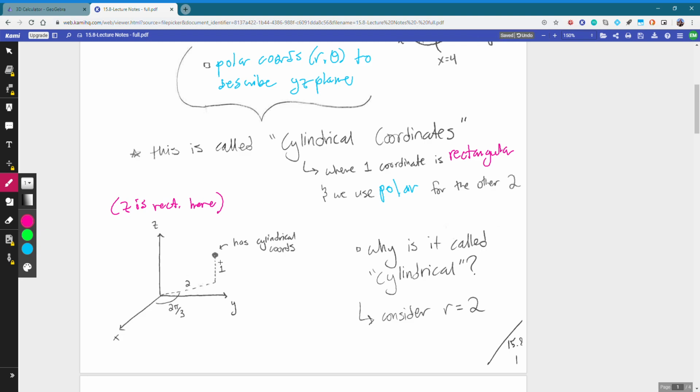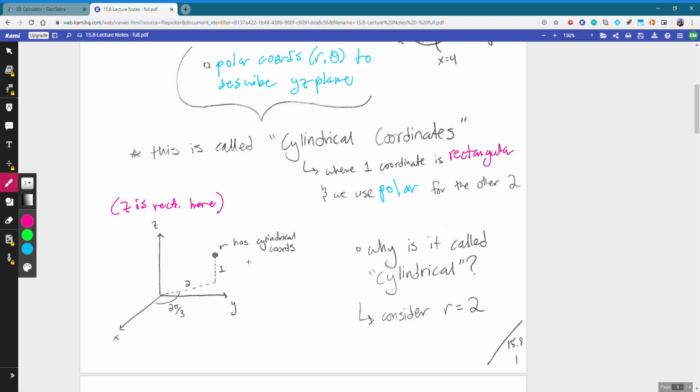And so if this point, thinking about getting its cylindrical address, its cylindrical coordinates, in the xy plane we need to swing over 2 pi over 3 radians from the positive x-axis, and then march out in that direction 2 units, and then go vertically, in the z direction, 1 unit.